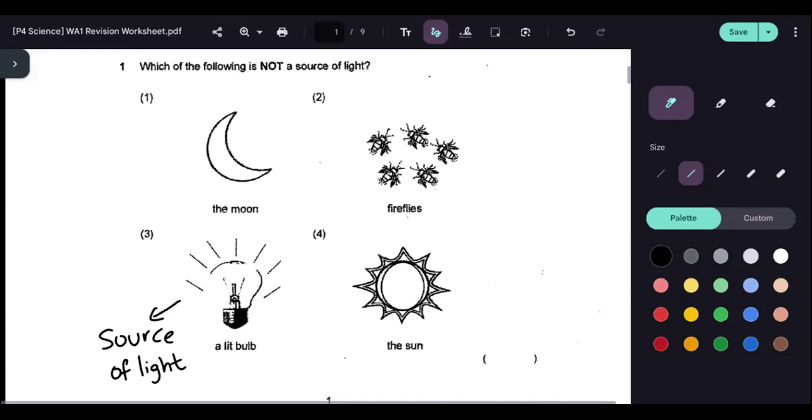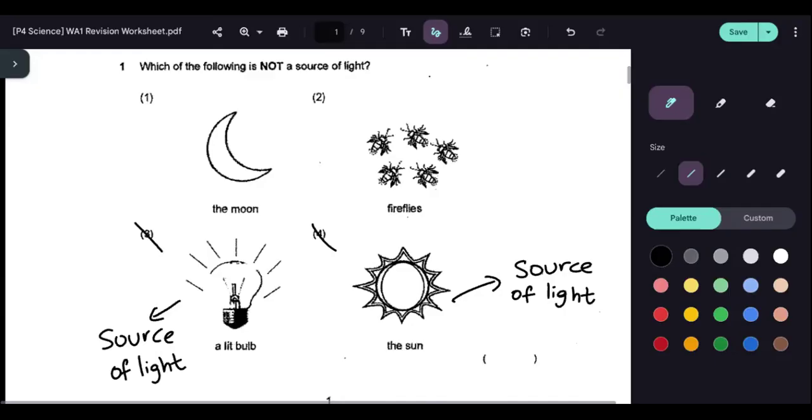The sun is also a source of light because the sun directly shines on the earth, and that is why you can see the sunlight every day. This is a source of light. So now we know that 3 is not, 4 is not. Now is the issue of whether it is 1 or 2.